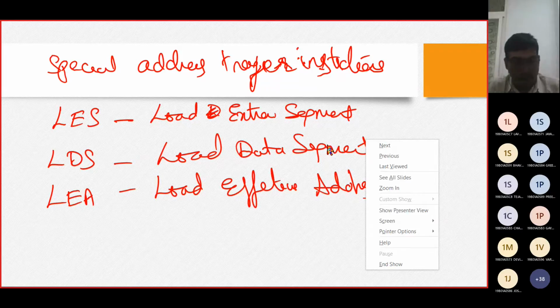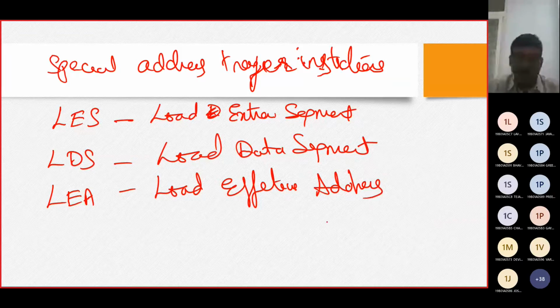So these two are the initiatives which work with these terms. So we have load extra segment, load data segment, then load effective address. Fine.